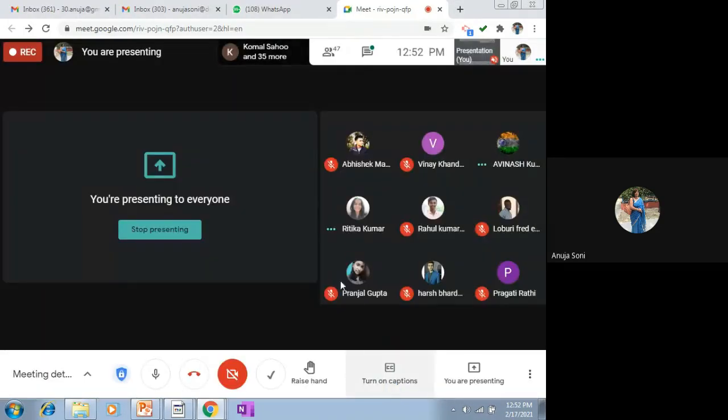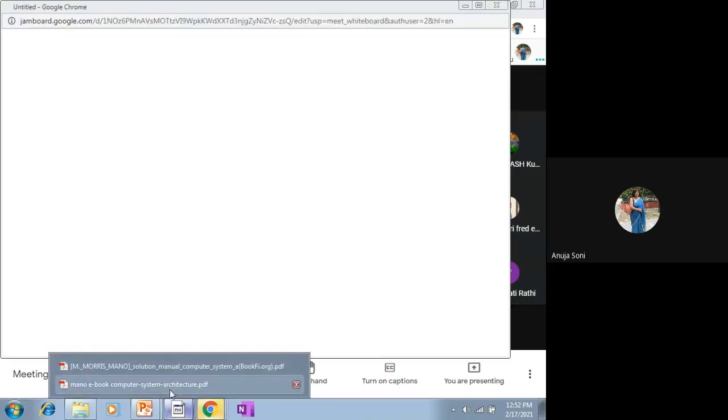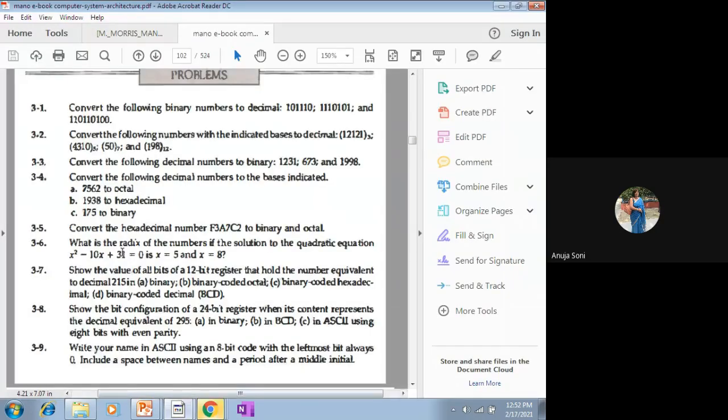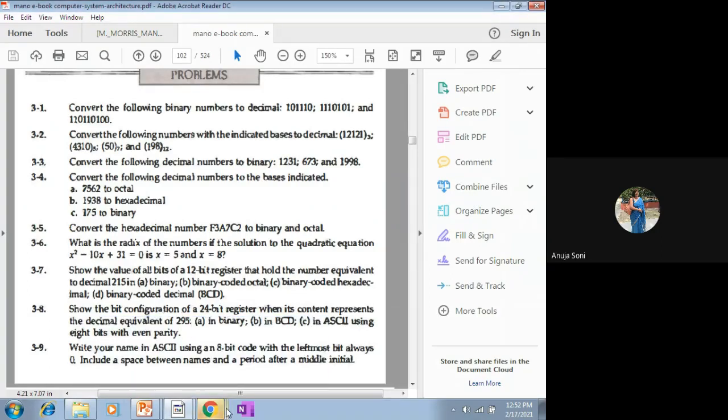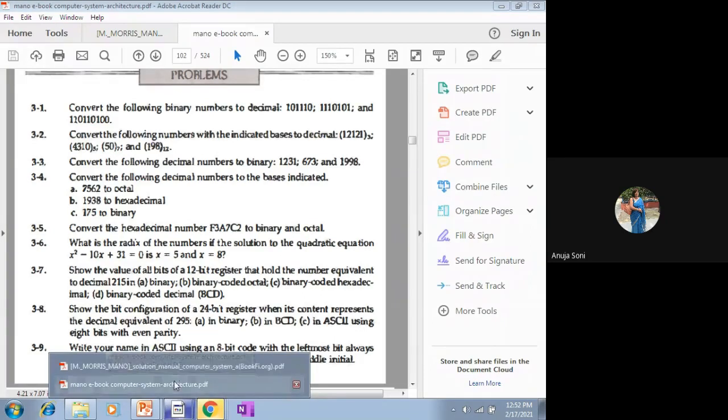It says that the given quadratic equation is x square minus 10x plus 31.